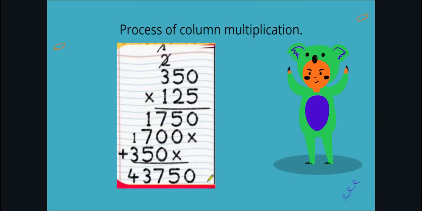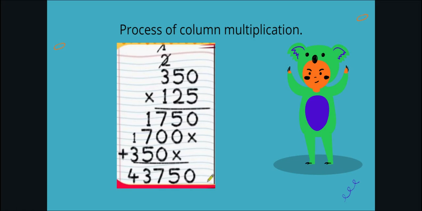Now we will see the process of column multiplication. Here is an example: 350 multiplied by 125. Students, remember, in the first line we will multiply 350 by 5. In the second line we multiply 350 by 20.